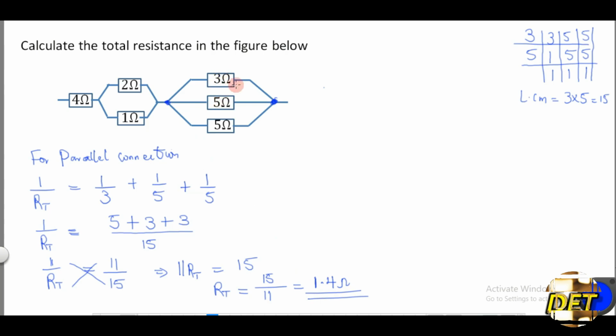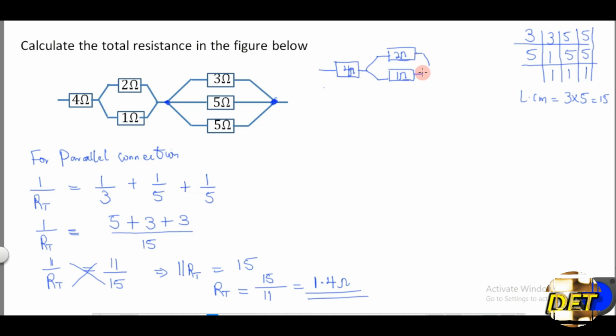So what I now have in essence is a connection that now looks like this. This is 4 ohms, which is this 4 ohms that is here. And then I have 2 ohms here, and then I have 1 ohm here.